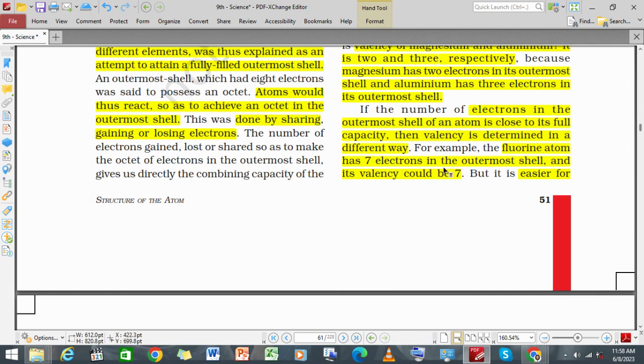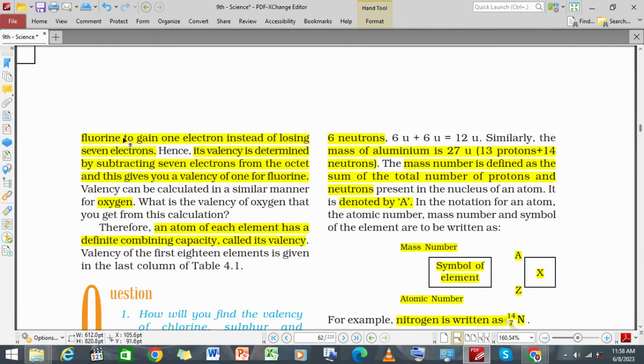But if you have 7 electrons in your outermost shell, it is easier for fluorine to gain one electron in order to be fulfilled. So at that time also it will have a valency of 1. Valency is determined by subtracting 7 electrons from the octet. That means you subtract from the octet, that is 8 minus 7, you get 1. So it has a valency of 1.